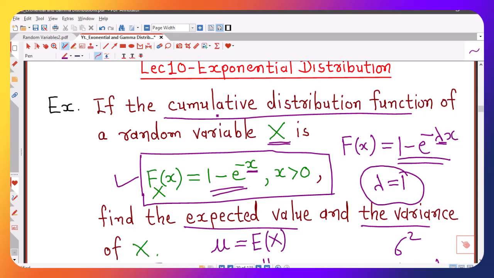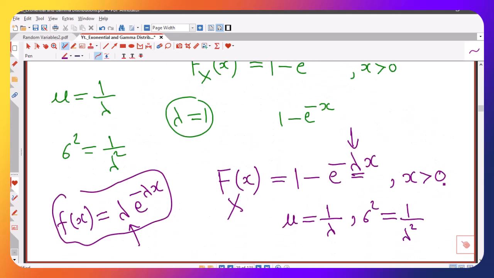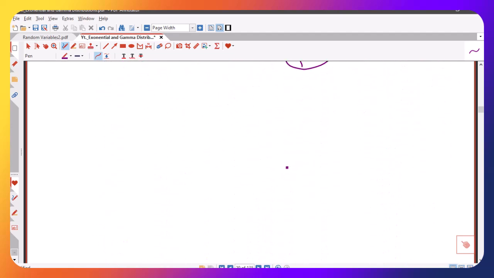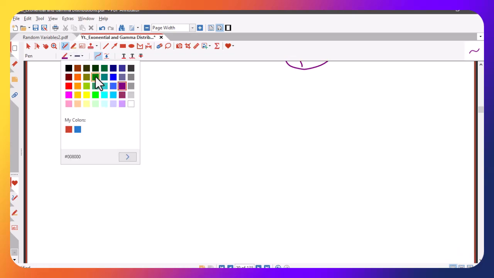So this is the CDF of exponential random variable in which parameter lambda is 1, and once we identify lambda, we can find out expected value and variance using these two formulas. So this is one way to decide the mean and variance of exponential random variable.